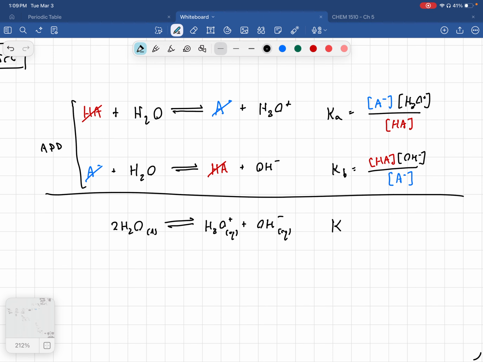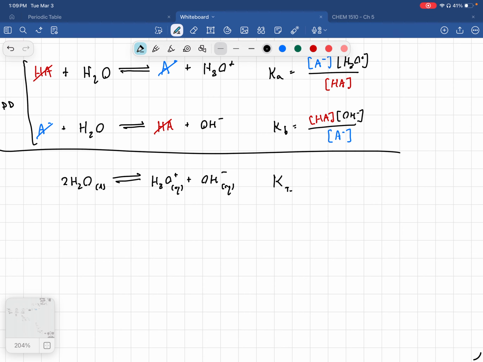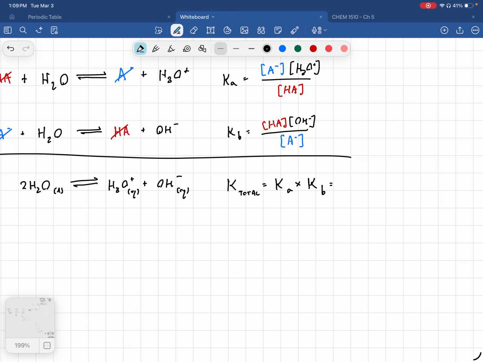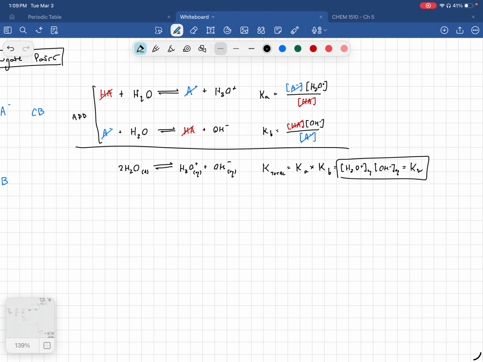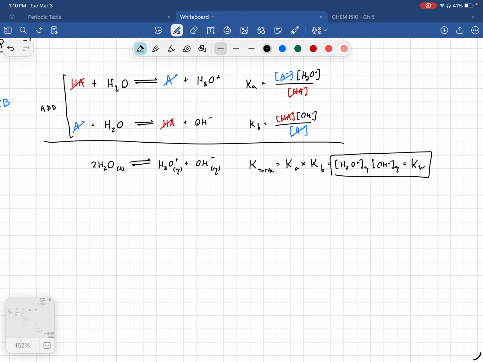And remember, as we learned in the previous chapter, K total is going to equal the multiplication of the K values. Again, things cancel, and we get the concentration of H3O plus at equilibrium times the concentration of OH minus at equilibrium, which is just Kw.